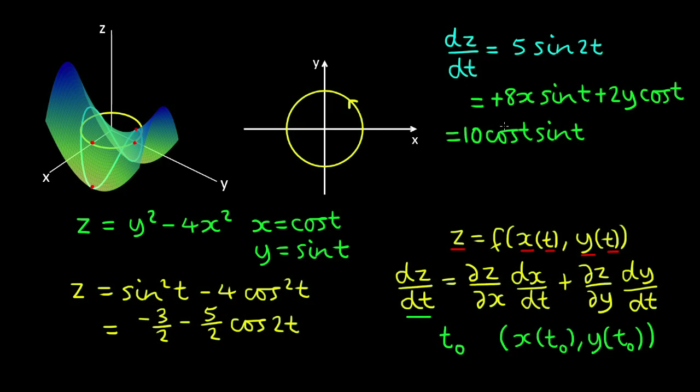Using our trig identity, that's equal to 5 sine 2t. So we got the same result by direct differentiation and using the chain rule. The chain rule gives the rate of change of the elevation z as we travel along this curve mapped on the surface.